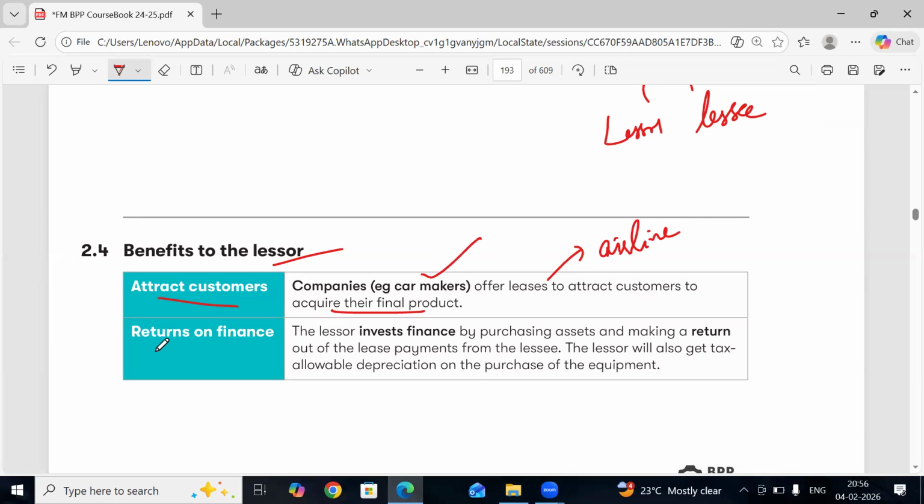Now, what does it give to the lessor? See, the lessor invests. Instead of you buying the asset, the lessor is buying for you. He is financing the asset to you. So the lessor finances by purchasing assets and making a return out of the lease payments from the lessee. He gets the lease payments, recovers the investment amount, and some extra he will be charging you as interest. He will be earning that interest. And the lessor can also get some benefit.